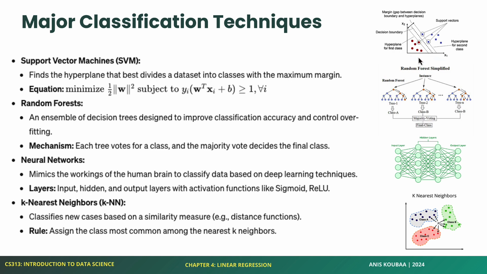For example, if I have two classes in two-dimensional space, I will try to find the hyperplane, which in this case is just a line, that minimizes the distance between the points and the line. In multidimensional space, of course, we will have a hyperplane of multiple dimensions. We also have random forest, which is an ensemble of decision trees designed to improve classification accuracy and control overfitting.